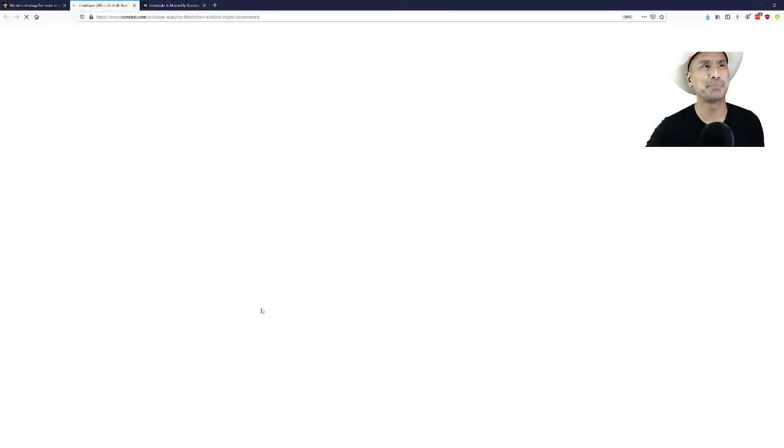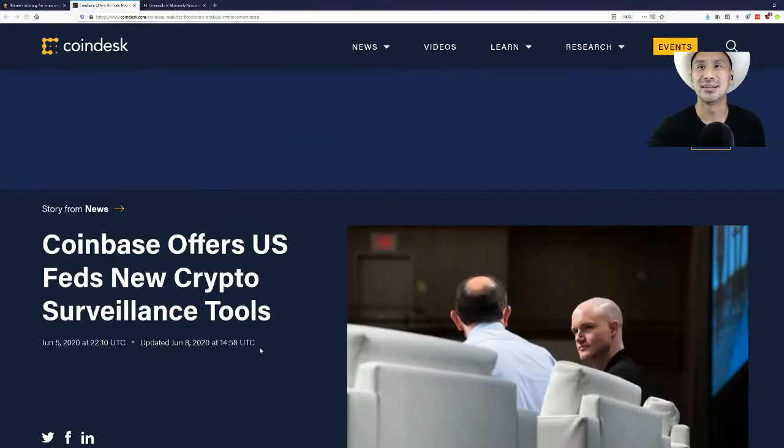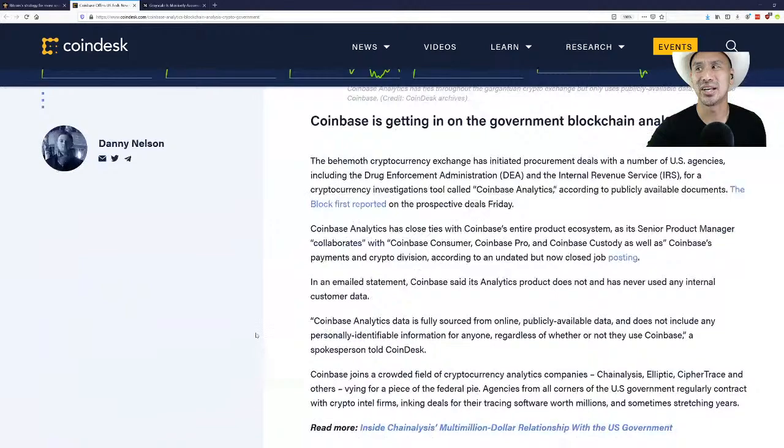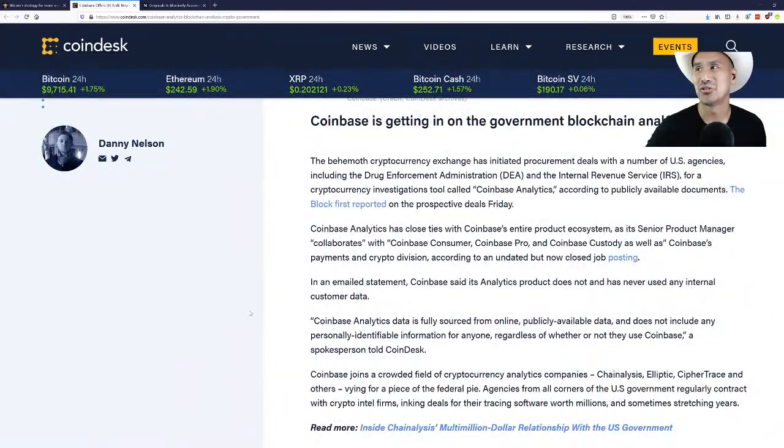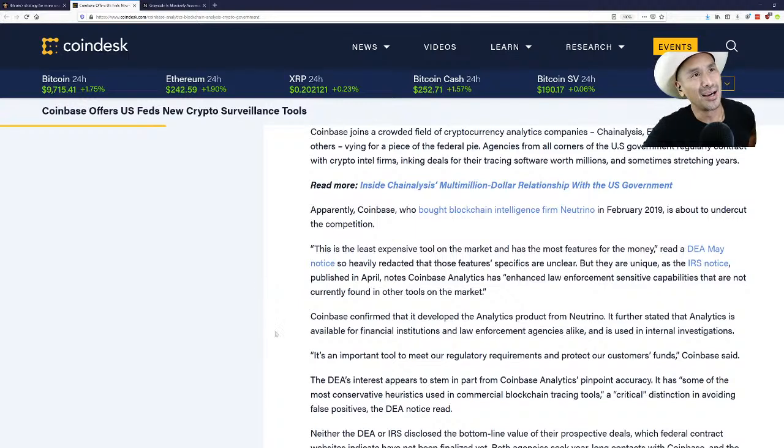Coinbase is selling Bitcoin chain analysis data to the IRS and the DEA. I can't say that I'm happy about this, and I really hope that people start dropping Coinbase, even on this alone. It's one thing if you're subpoenaed for this information.